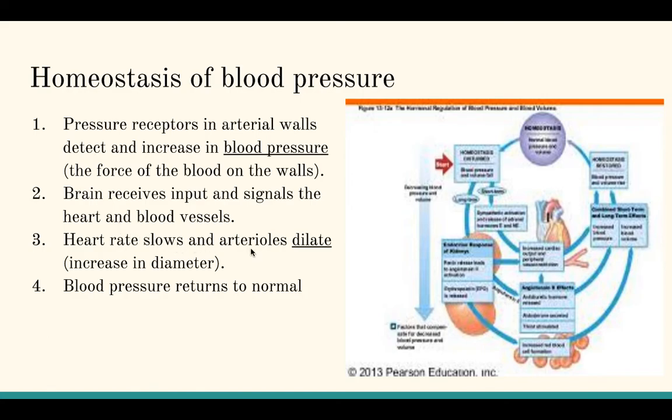Your arterioles, which are the blood vessels slightly smaller than your arteries going into the capillaries, dilate to increase diameter. Then your blood pressure returns to normal. Whenever these blood vessels dilate, they get bigger, so it reduces the amount of pressure and returns it back to normal. That's all illustrated here, but it's really hard to see.